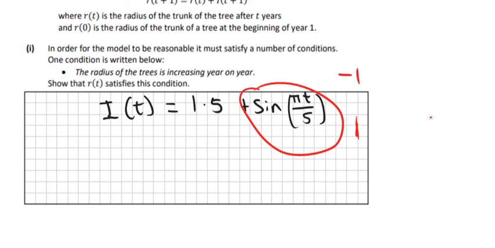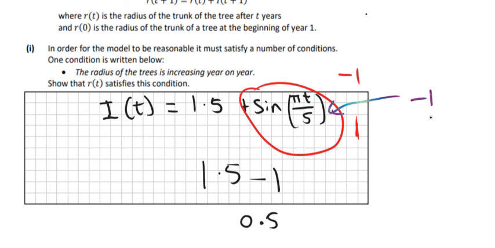So the minimum that this whole thing could be would be when sine gives -1. So if that ends up being -1 inside there, then our increase would be 1.5 take away 1. So 1.5 minus 1, and that's 0.5.